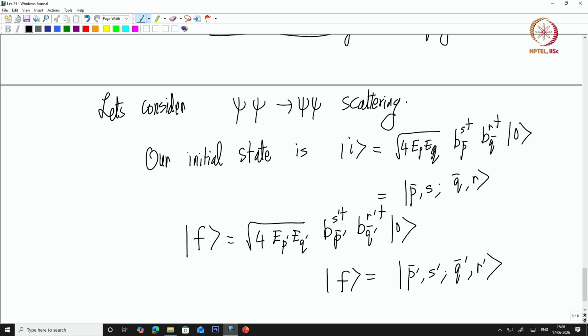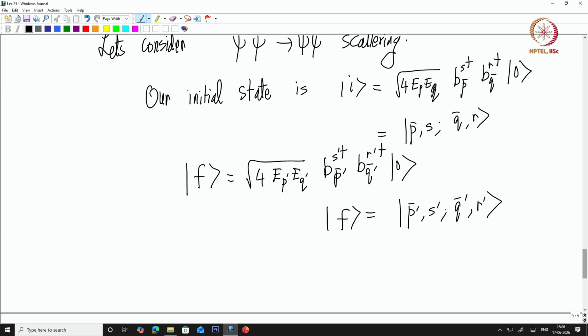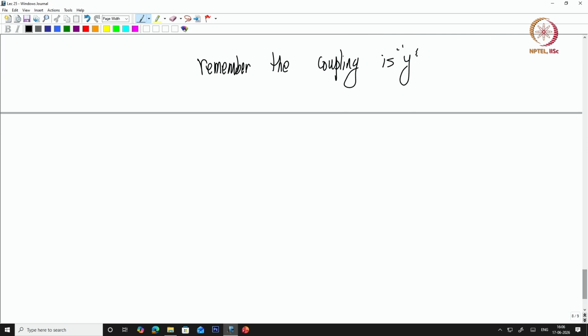Okay, good. Now we are able to calculate the S matrix elements, and the coupling is Y. Remember, the coupling is Y. So you can calculate the S matrix as <f|S-1|i>.